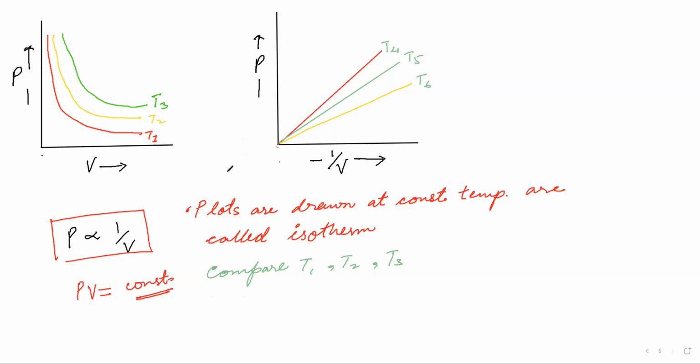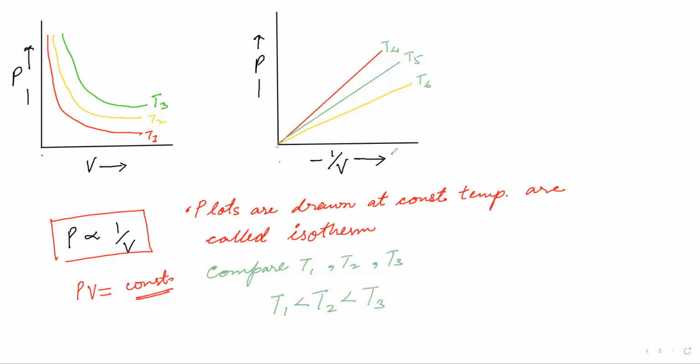T1 is low, the least. And then T2, and then T3. So the order is T1, T2, T3.